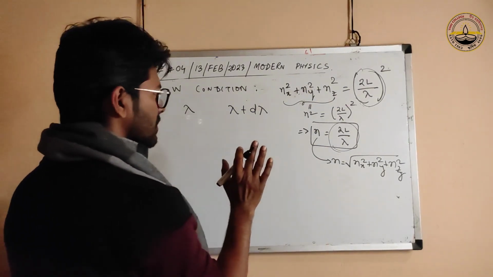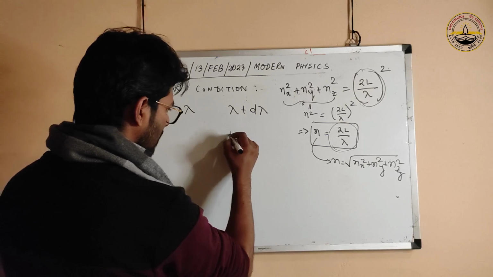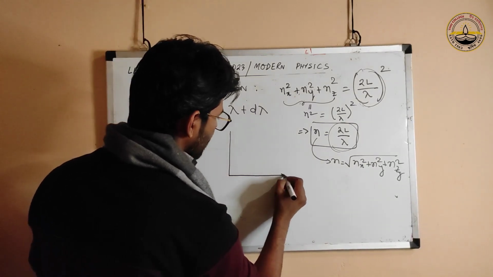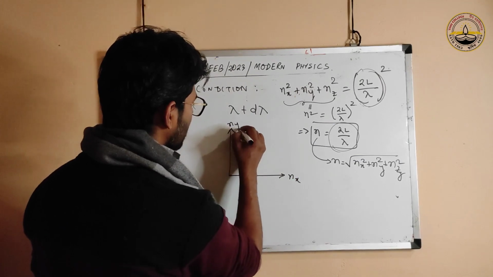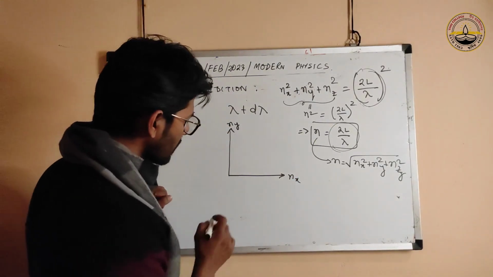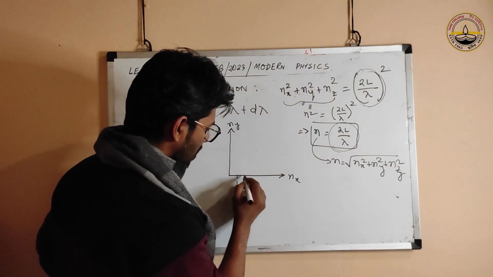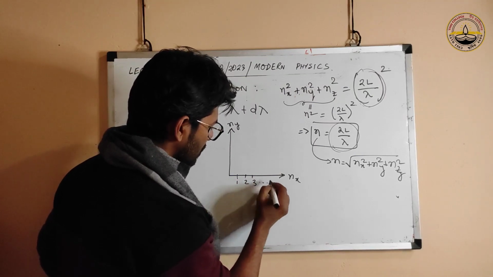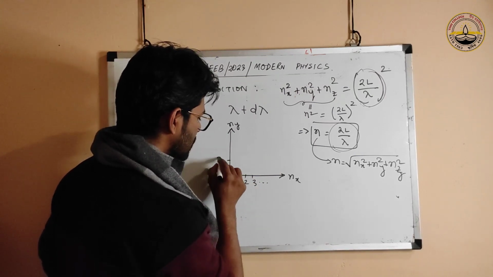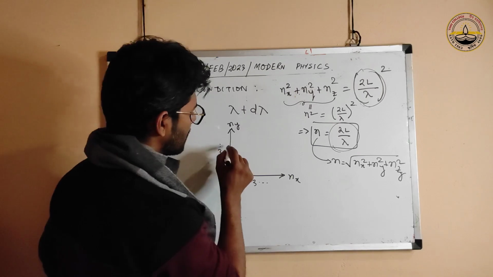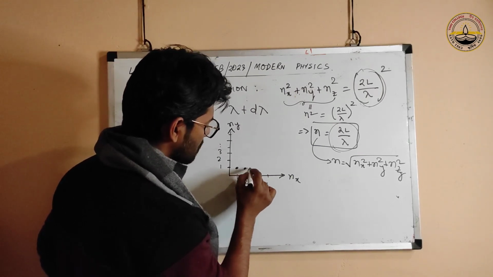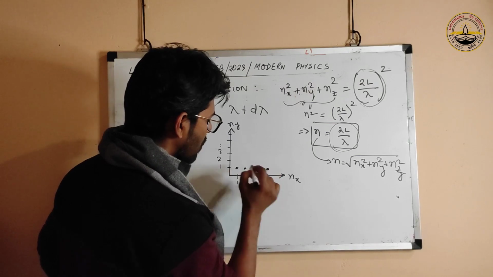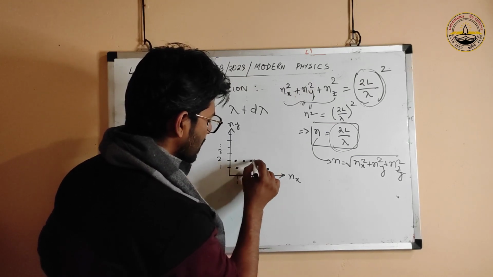Let's consider, for simplicity, a two-dimensional case. We have nx, we have ny, and obviously 1, 2, 3, dot, dot, dot, and 1, 2, 3, dot, dot, dot. Only these values are allowed. And so in this space we have just allowed points.